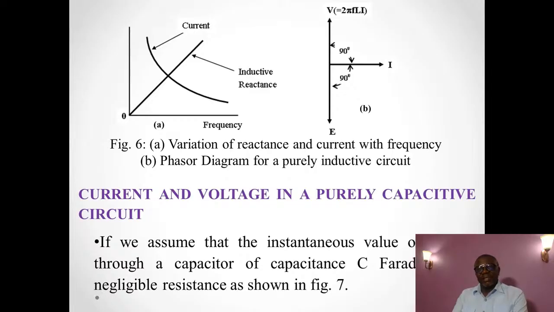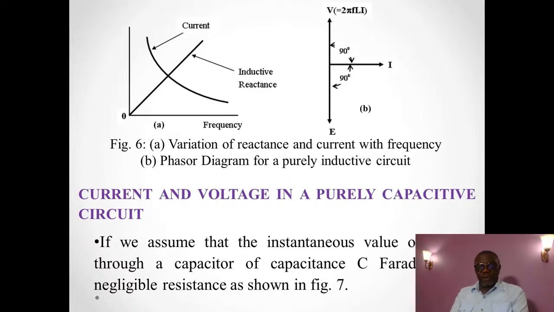And to the right is the phasor diagram, that the peak voltage is 2 pi FLI and is 90 degrees out of phase with I. Whereas in the purely resistive circuit, the phasors of the current and the voltage are facing the same direction, so there is no variation.